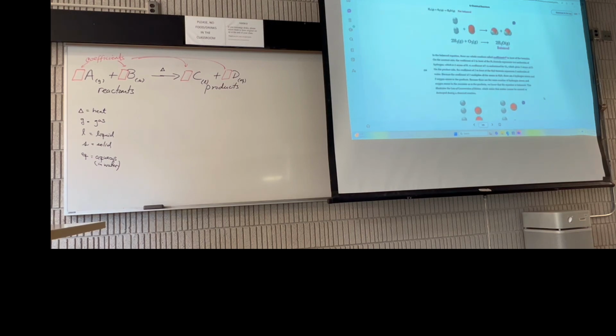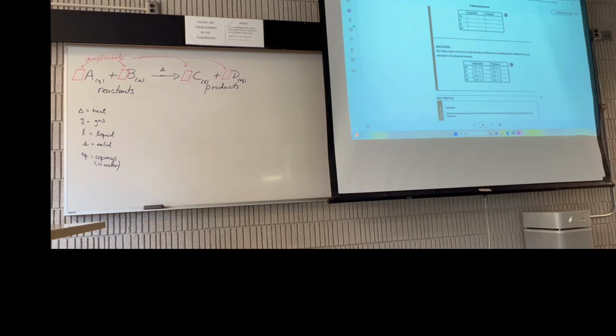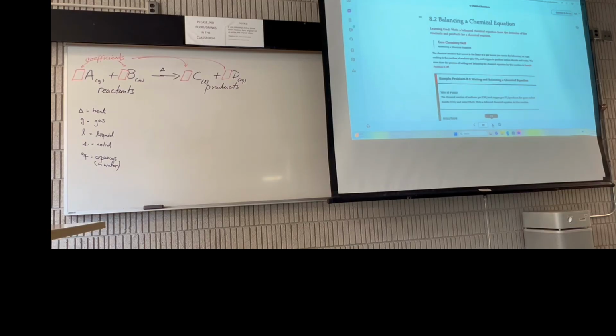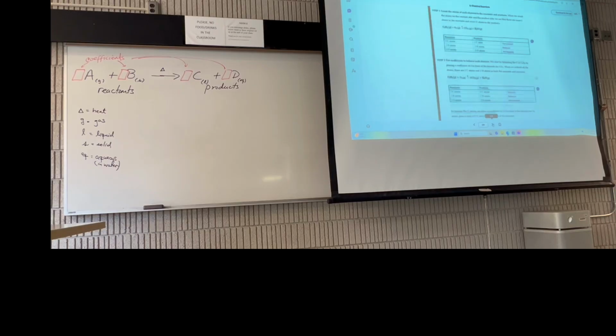Now, we looked at this reaction before. Well, similar to that reaction. This is actually the production of water. But let me jump ahead because we already saw some of these ideas of balancing equations. And I need to show you the different kinds of chemical reactions that you may encounter. So we already did a lot of this balancing.